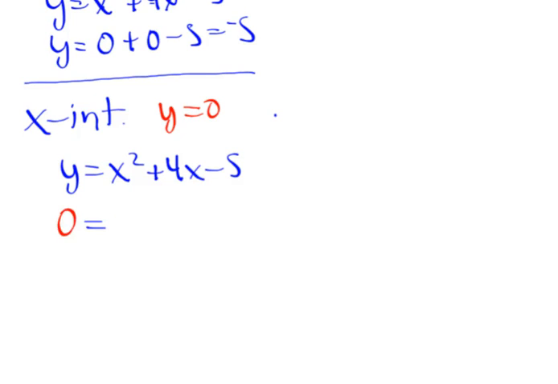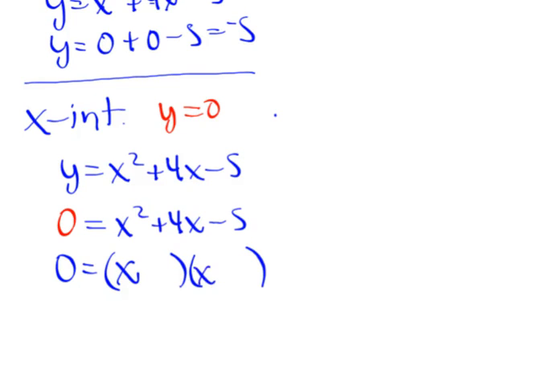That way we know it's sitting on the x-axis. When it's in standard form, we can't use the square root method that we used with vertex form. We have to factor it. So we're going to go ahead and factor this. x and x. We want factors of 5, 1 and 5 that add to give us positive 4. So it's going to be negative 1 and positive 5.